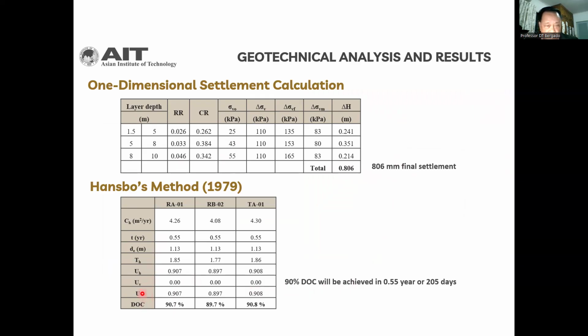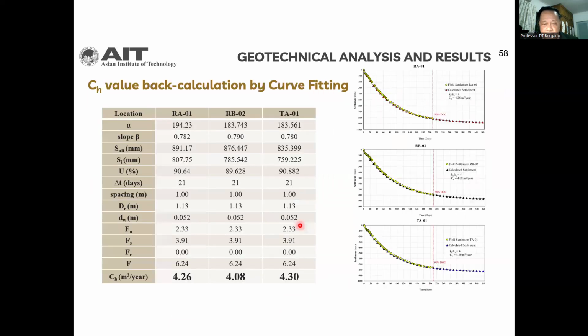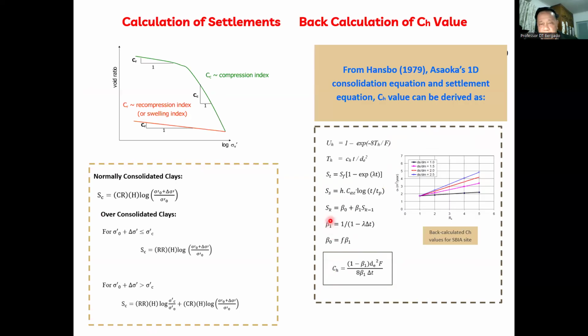Hansbo equation, and we get the c_h value, and here the degree of consolidation. The c_h value, we can get it either by curve fitting, here 4 meters squared per year, or we can use the settlement equations. And this is the c_h value obtained using Asaoka's method.